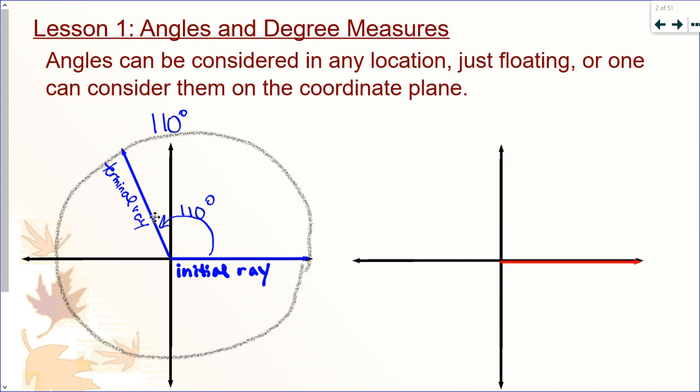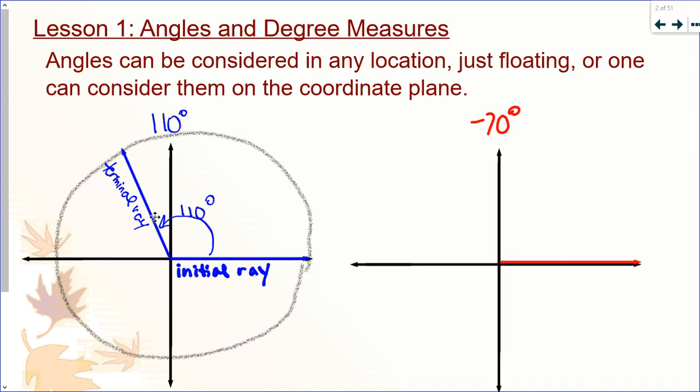Now we can also rotate negative degrees. Negative degrees means we go in the opposite direction. So if I wanted to go, let's say, negative 70 degrees, I would grab my initial ray and rotate it until I get to 70.